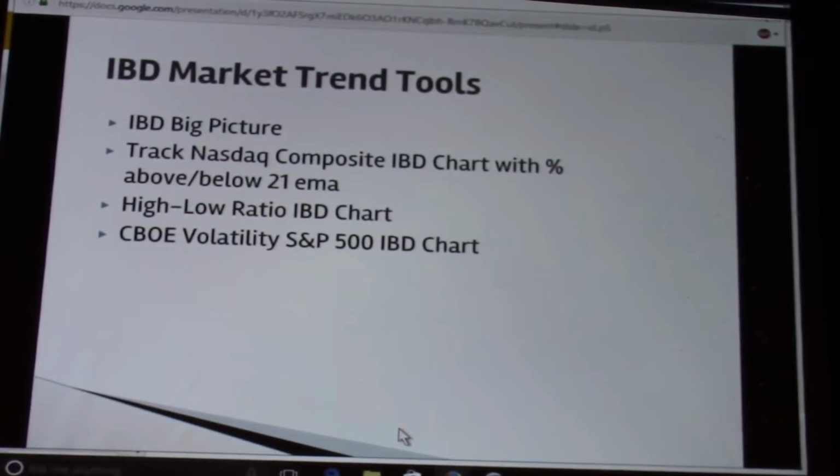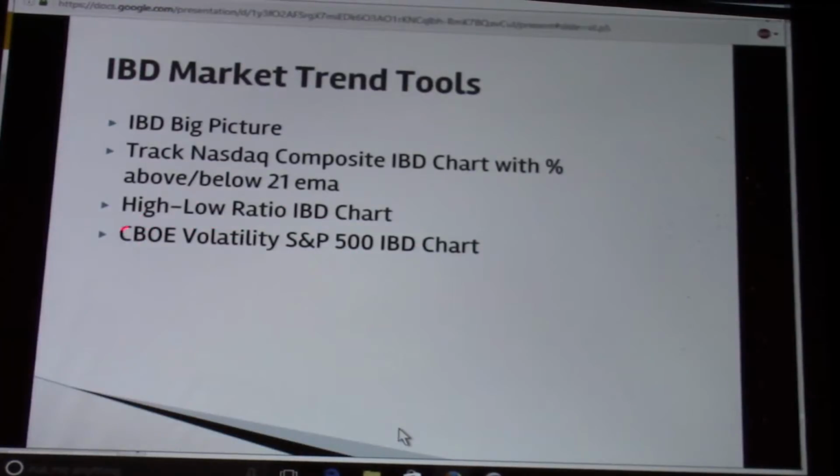When we're in an uptrend, IBD's high-low ratio will be pegged at 2.0. When that's pegged at 2.0, it's important: you're in a growth environment. Unfortunately, they don't give you the raw data when you look at that chart, but on a daily basis, if you keep a market journal, you can get that. And that's in a later slide.